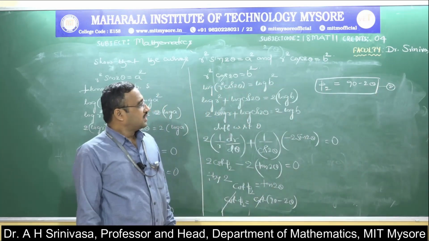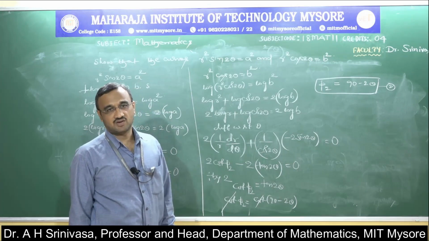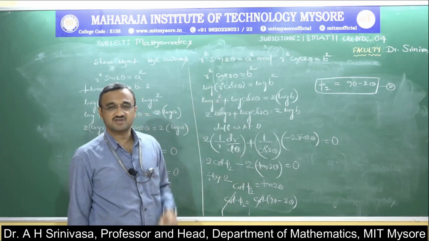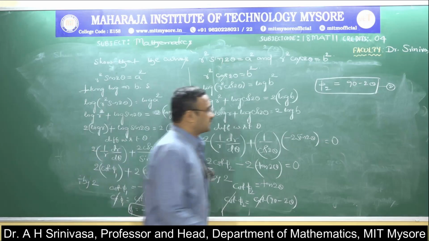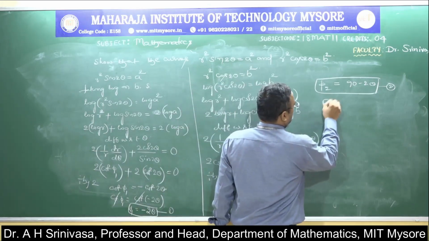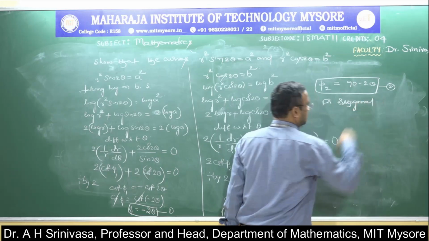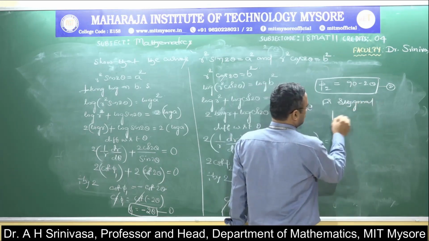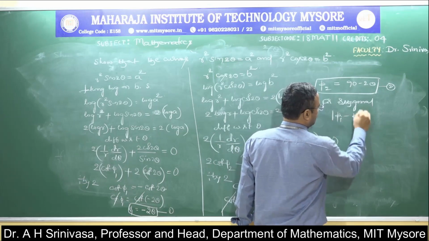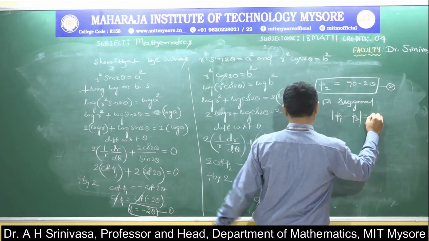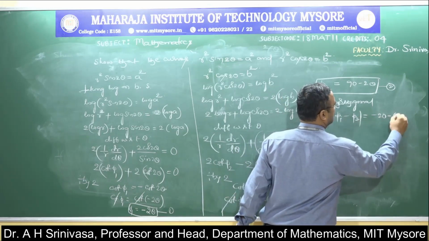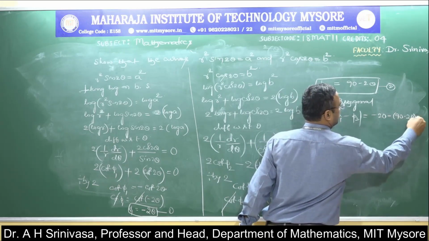So now what I'm going to show, the curves intersect orthogonally, just take the difference of that two. For orthogonal, now take the absolute value of phi 1 and phi 2. Phi 1 is minus 2 theta, then the absolute value of 90 minus 2 theta.